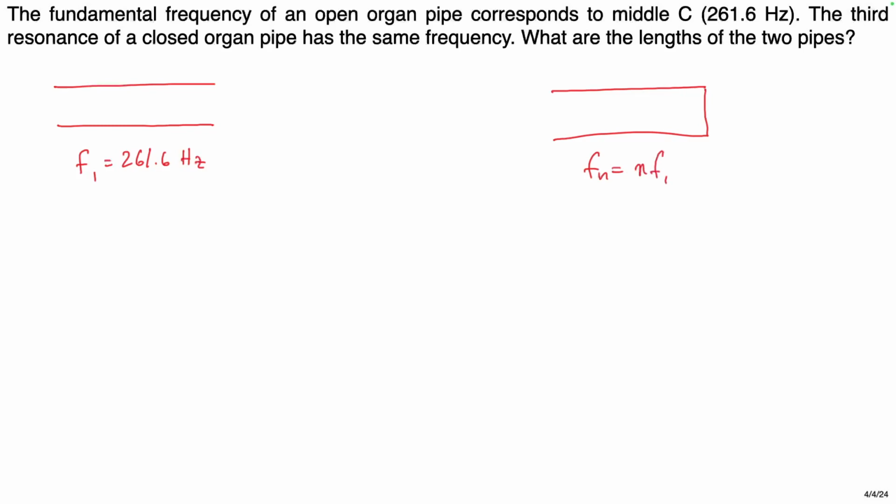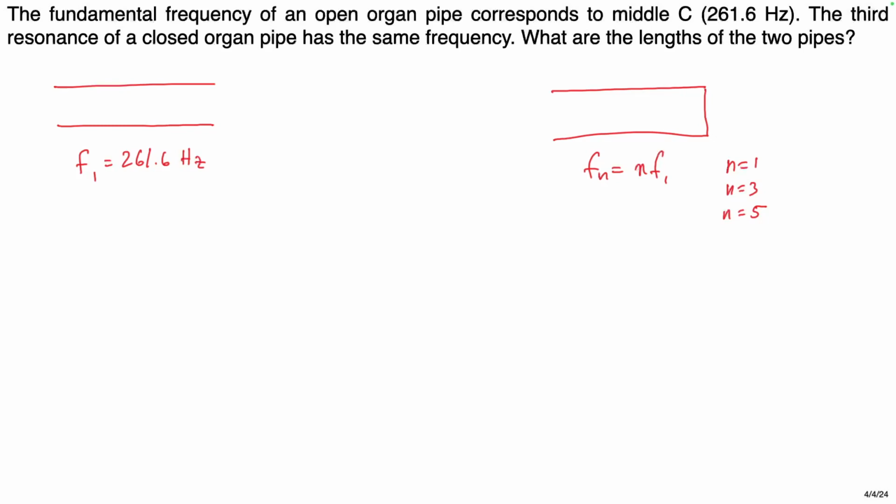The N values, they can only be what? Odd, right? So we have like N equals 1, N equals 3, N equals 5. So this problem, I pulled this straight out of the textbook. This problem says third resonance.